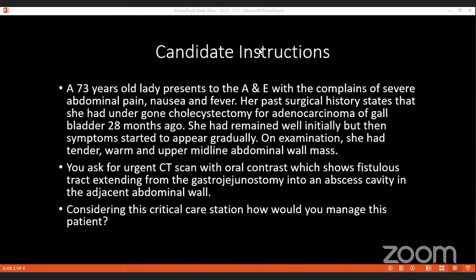What complications can you expect because of an enterocutaneous fistula? The complications could be sepsis, electrolyte disturbance, fluid abnormality, metabolic acidosis and excoriation of the skin, which could lead to sepsis, severe sepsis and septic shock. Very good.